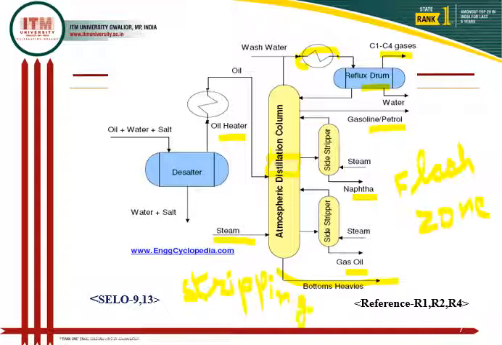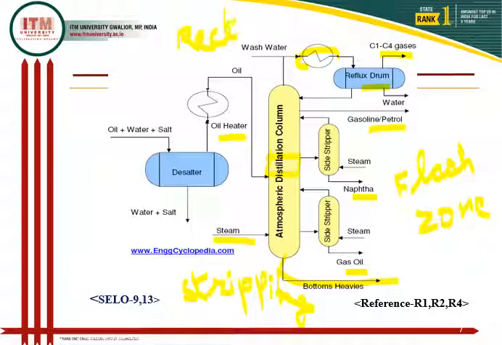Okay, the lower part of the distillation column is the stripping section, the middle part is the flash zone, and the upper part is called the rectification section. What is it called? Rectification. Okay, so go through it.